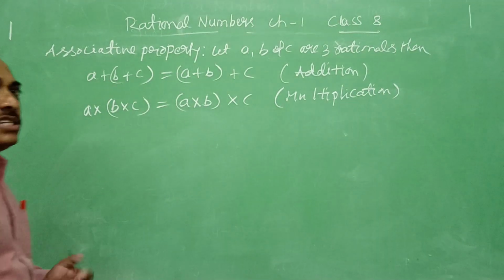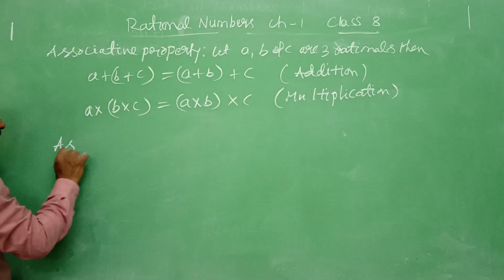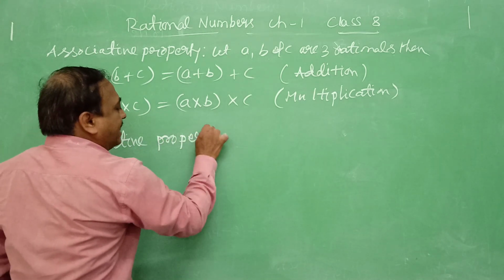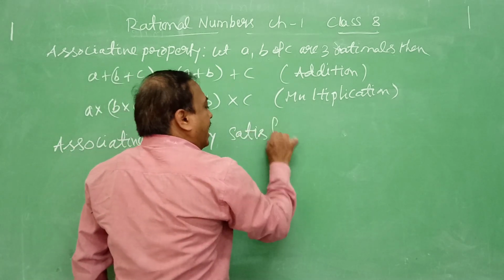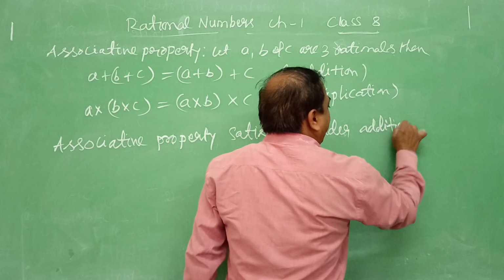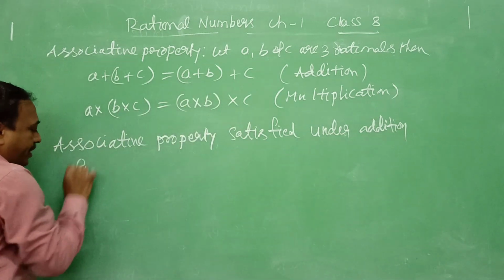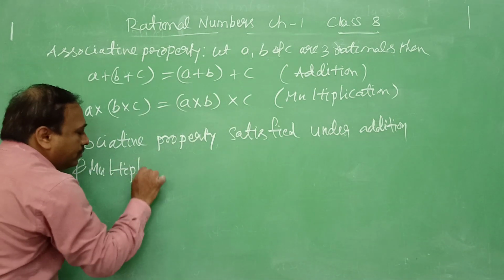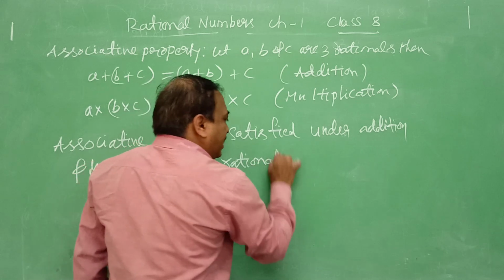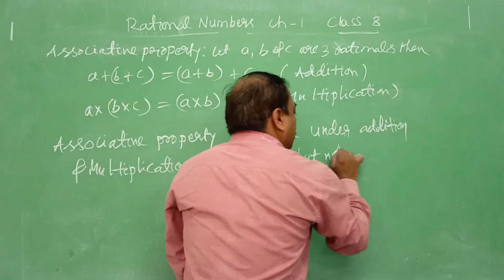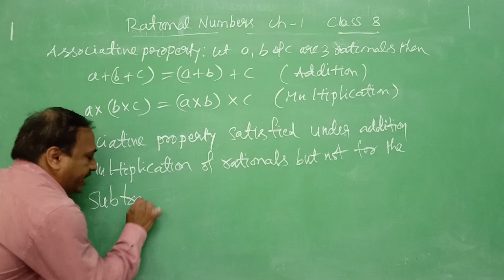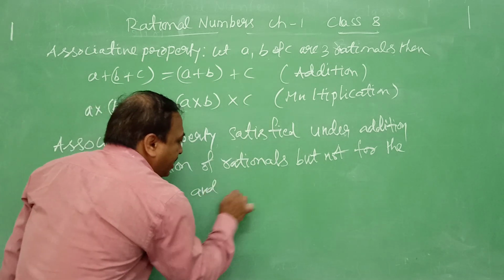So therefore the associative property is satisfied under addition and multiplication of rationals, but not for subtraction and division.